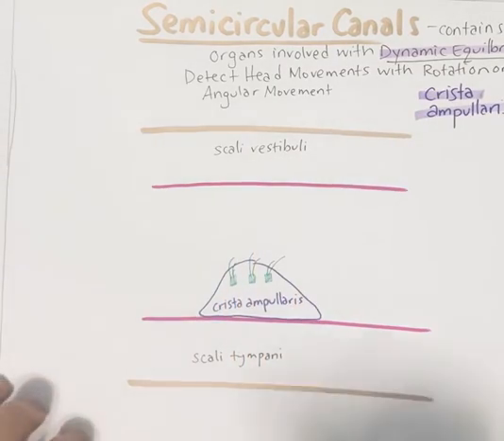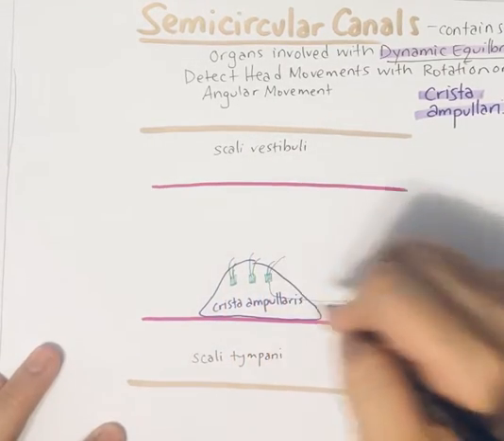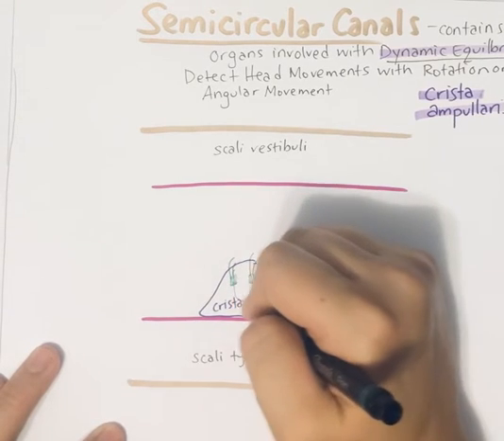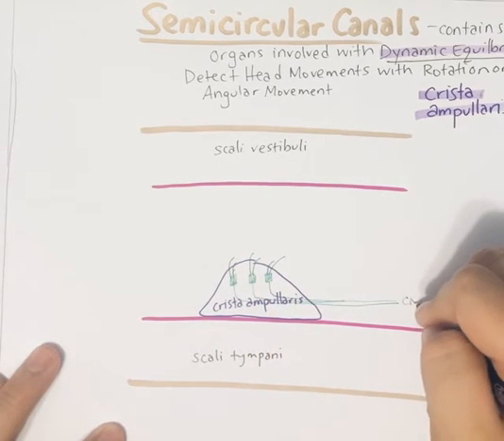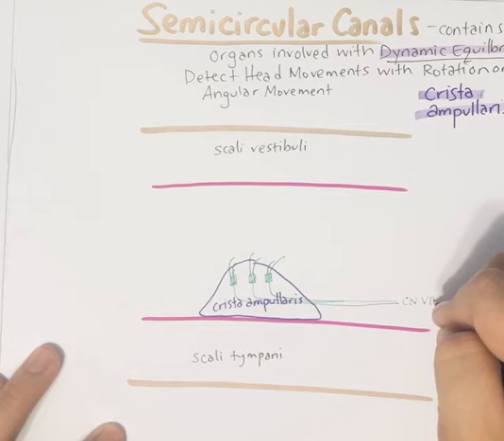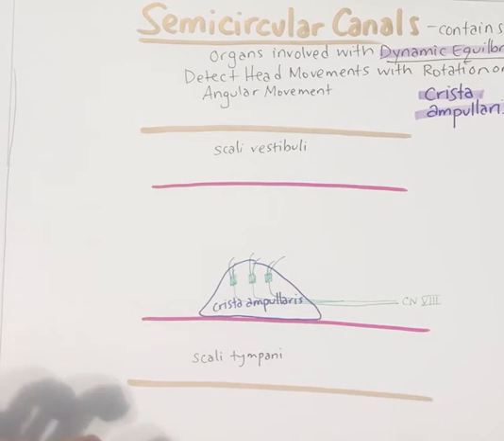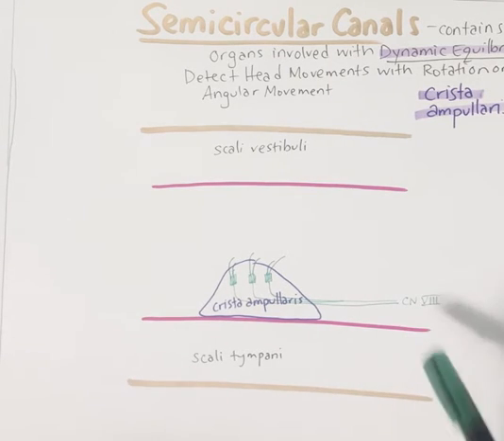Short ones and large ones. Now, your hair cells are going to be connected to cranial nerve 8. So if the hair cells bend, then they're going to stimulate the vestibular branch of cranial nerve 8 because the vestibular branch is associated with equilibrium.